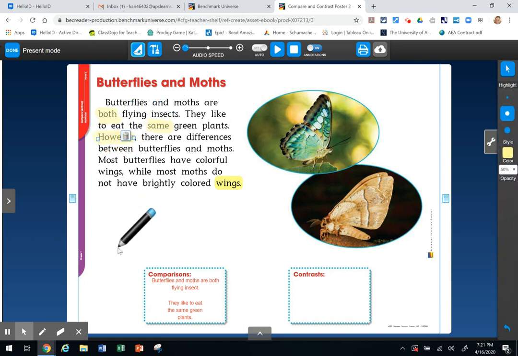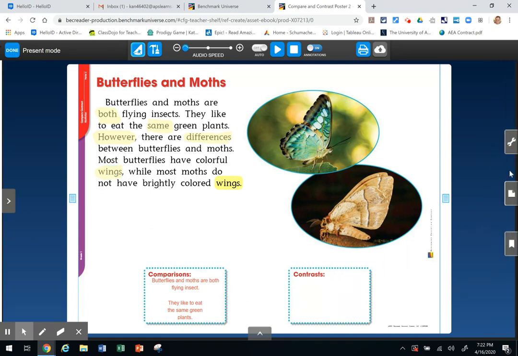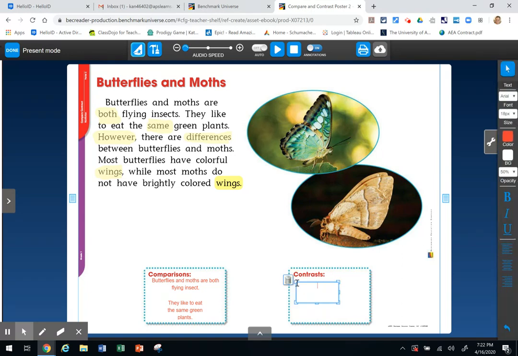Okay, that tells you that they're going to state a difference, okay? And then the word differences is also a signal word. There are differences between the two insects, okay? And then the last one is the word while, okay? So that's a signal word too, okay? So both of those sentences talk about how butterflies and moths are different from each other, okay?